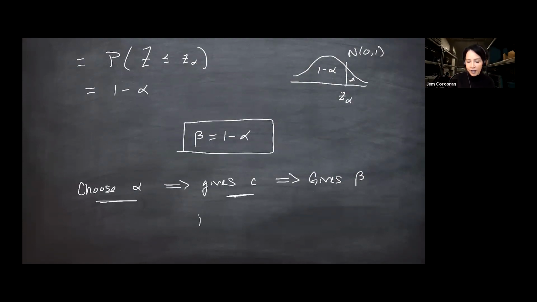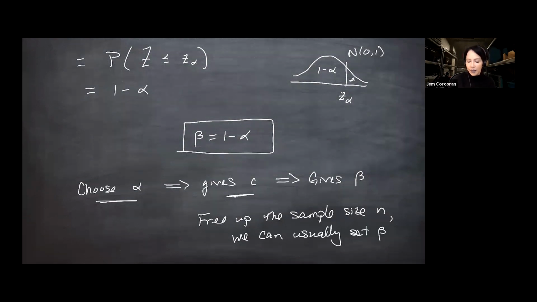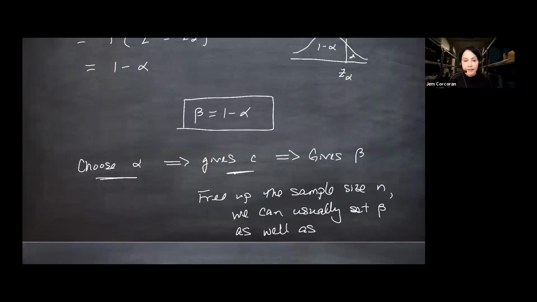But if we free up the sample size, n, we can also, actually not always, you can't always solve this, but we can usually set the beta that we want, as well as alpha. Yeah, that is a ridiculous probability of making a type 2 error. If your alpha is 0.05, then you've got a 95% chance of making a type 2 error.